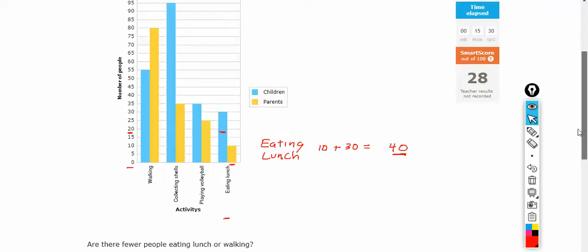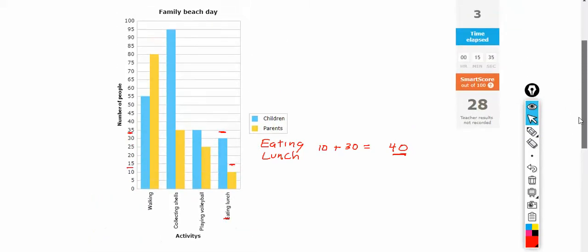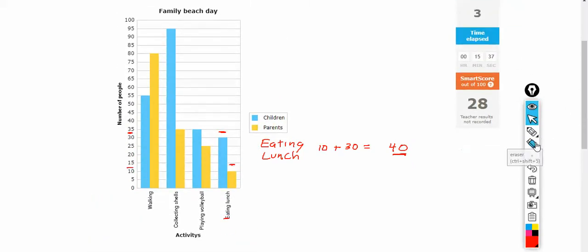All right, then I want to look at the number of people walking. If I look at the number of people walking, I have 55 and 80. So walking is 55 plus 80.